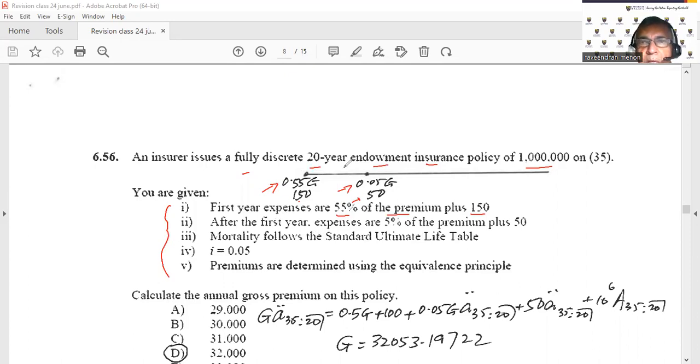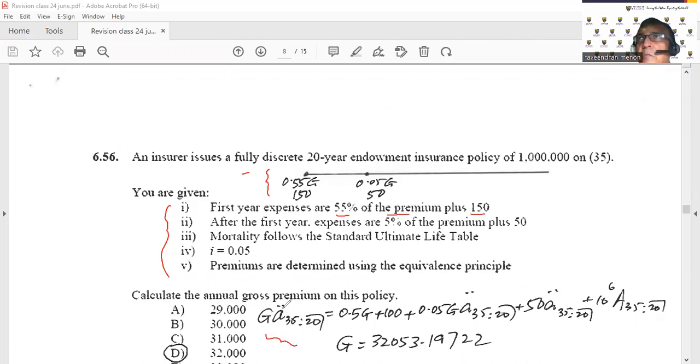So let me just clear this. Look at my first line, right? And you're basically done, right? If you look at my timeline here and my equivalence principle statement, the left-hand side is pretty straightforward, right?